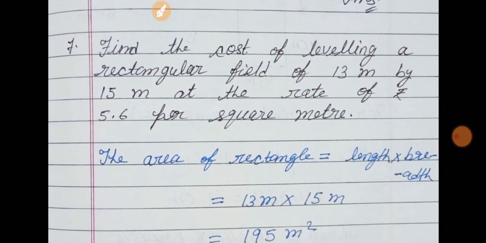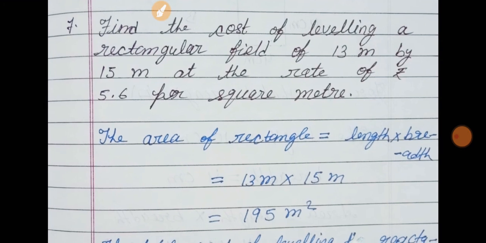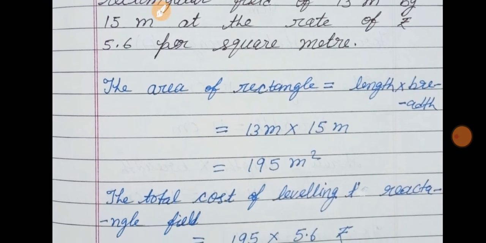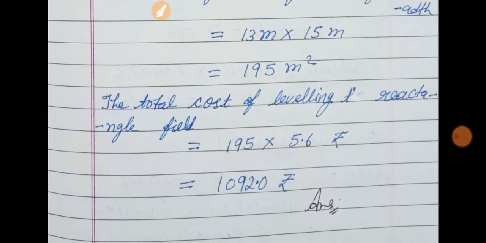Question number 7. Find the cost of leveling a rectangle field of 13 meter by 15 meter. Dear students, for the rectangle both length and breadth are given. 13 multiplied by 15 is equal to the area of the rectangle, which is equal to 195 meter square.